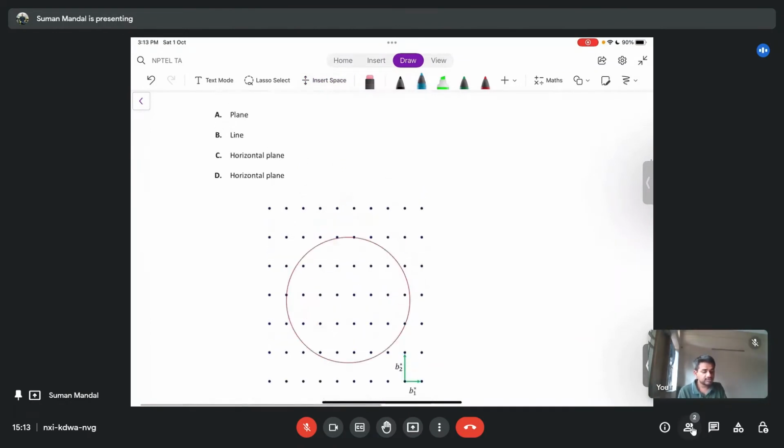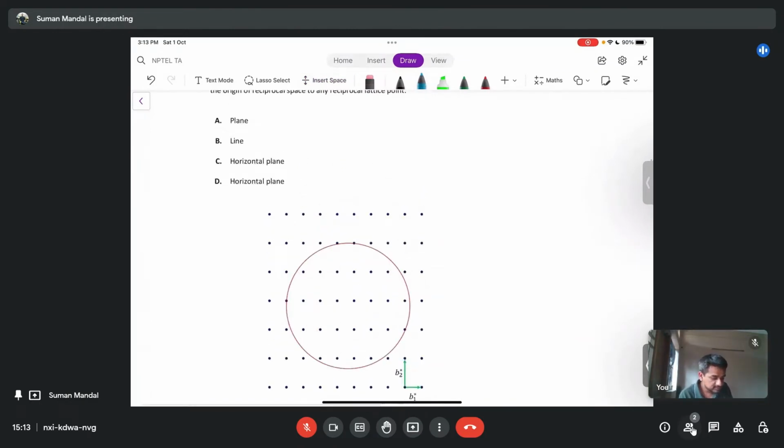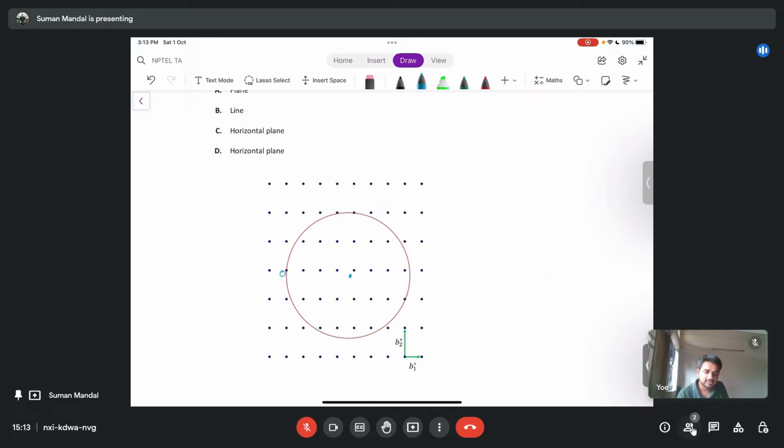Let's say this is the origin, and this is an Ewald sphere, with center somewhere here, and this is the reciprocal lattice point with lattice parameters b1 star and b2 star in the reciprocal space.